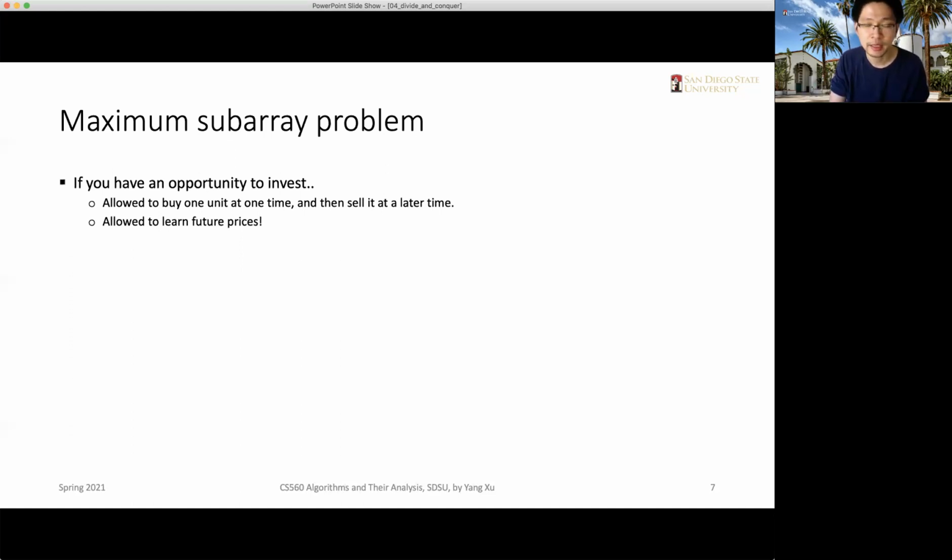In this scenario we're kind of cheating, because we are allowed to learn all the future prices. In order to introduce the problem, we are given all information about future prices. Our goal is simply to buy low and sell high, to maximize our profit: buy at the lowest point and sell at the highest point.